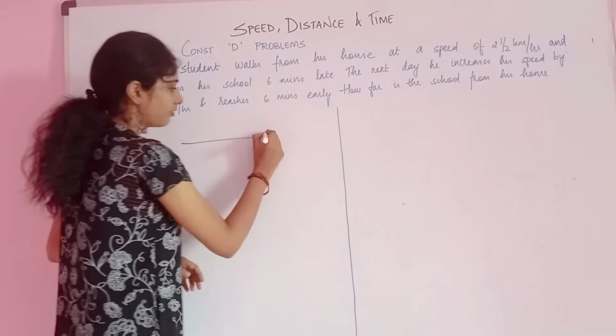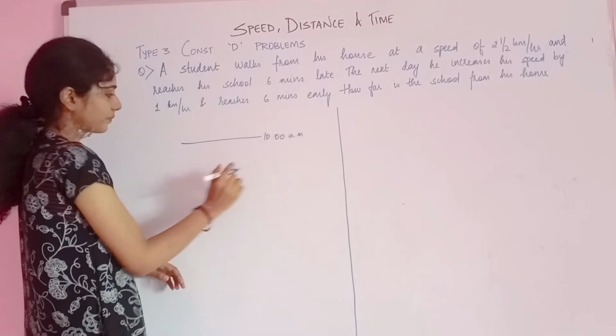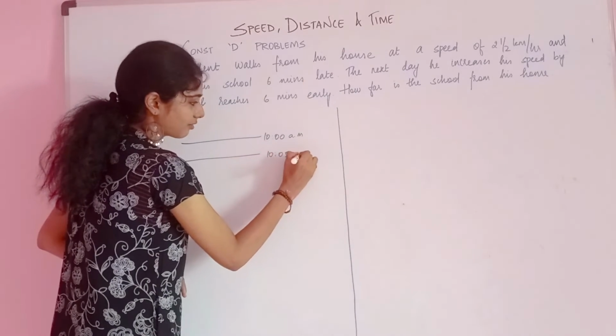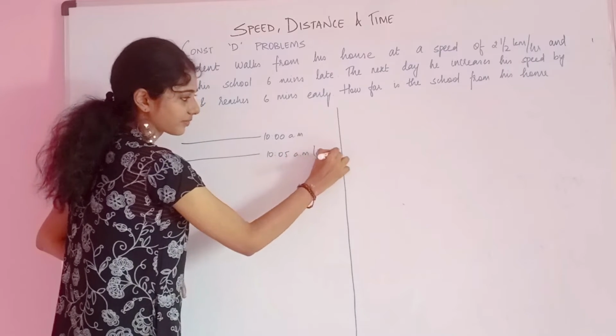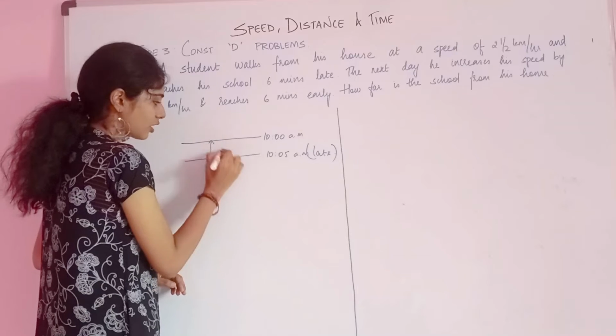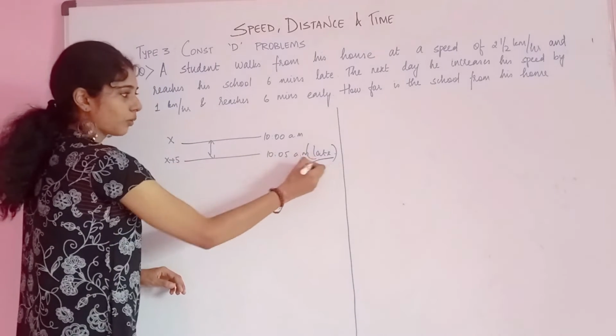If suppose your office timing is 10 a.m. or your school timing is 10 a.m. Fine. If you reach at 10:05 a.m., it means you are late. You're late by 5 minutes. Which means x plus 5 implies you are late.